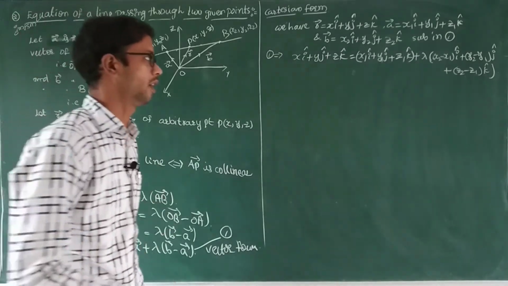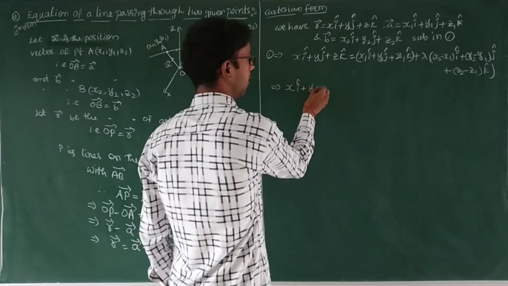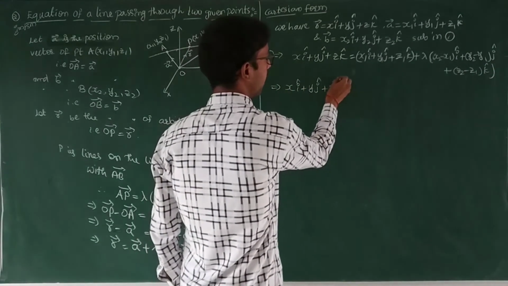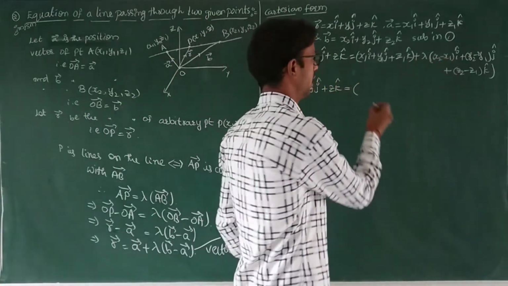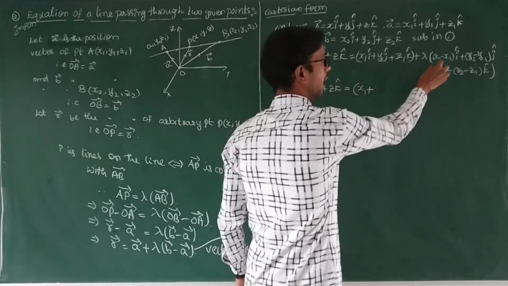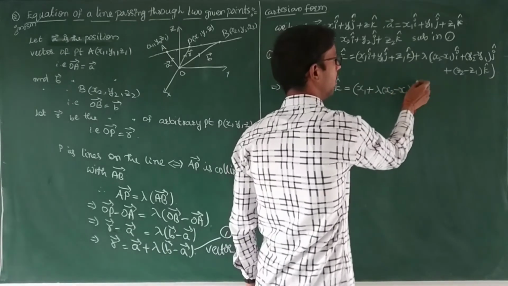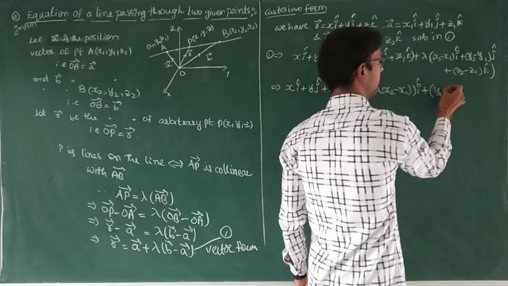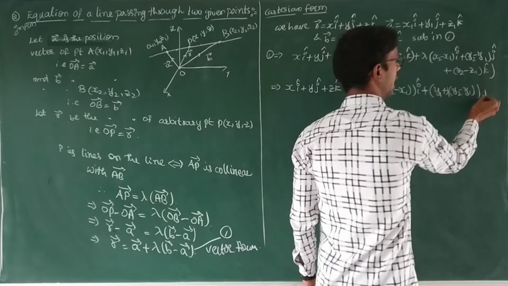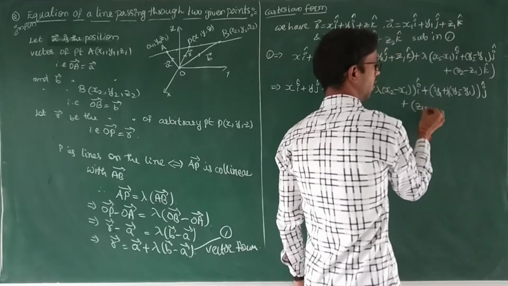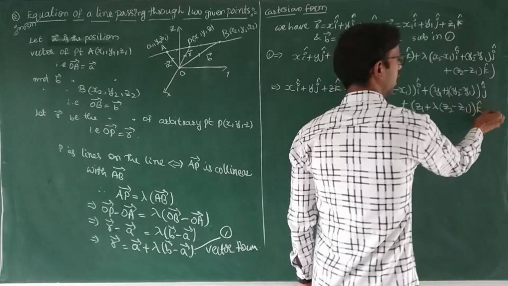Now simplifying further, taking i cap, j cap, k cap common: x1 plus lambda into x2 minus x1 i cap, plus y1 plus lambda into y2 minus y1 j cap, plus z1 plus lambda into z2 minus z1 k cap.